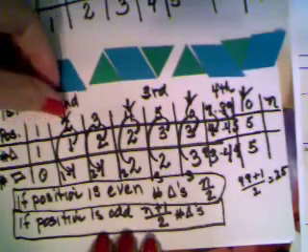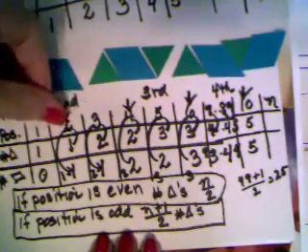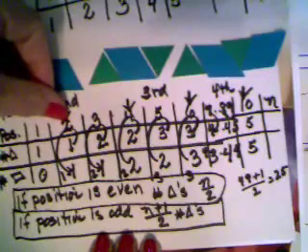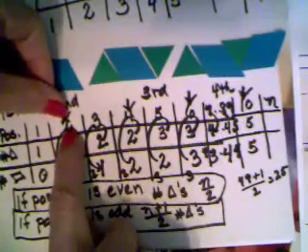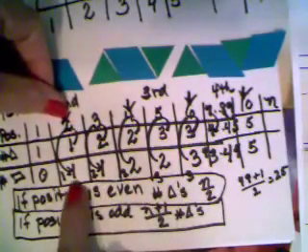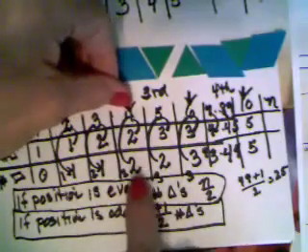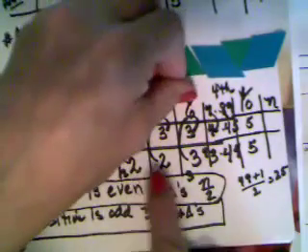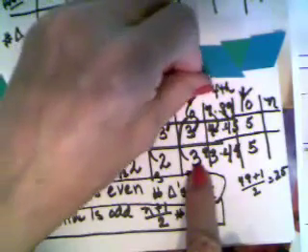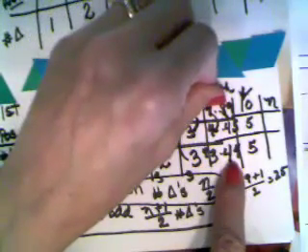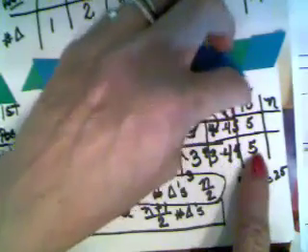Our generalization, if we look at the parallelograms, looking at the evens, 2 is 1, 4 is 2, 6 is 3, 8 is 4, 10 is 5.